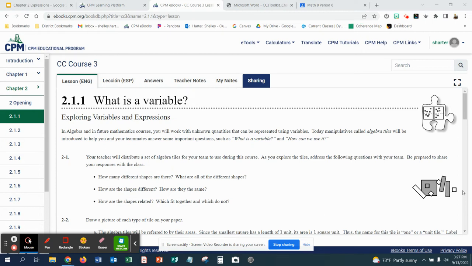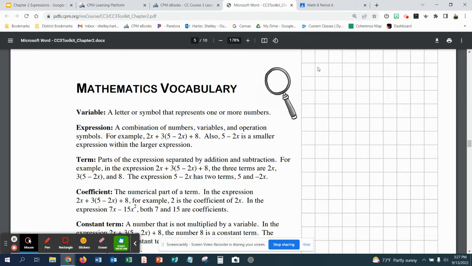Great job. So we're in chapter 2.1.1. Our focus today is on expressions. And when we look at expressions, we really want to have the conversation of this mathematic vocabulary.